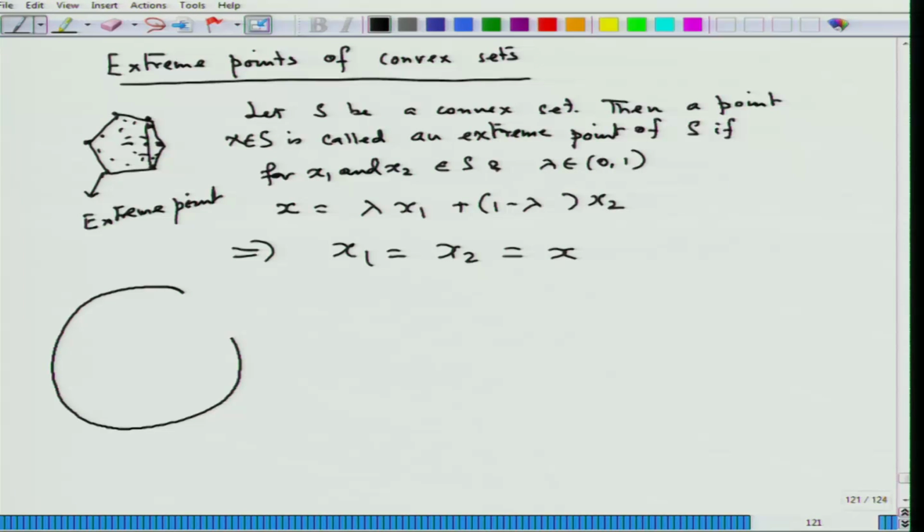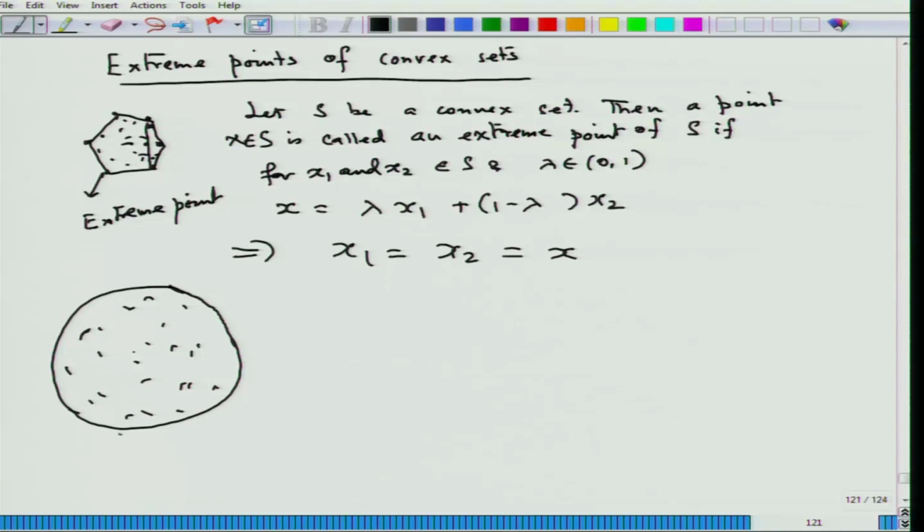Consider a circular disk which is a convex set. So, you take a circular disk, the boundary, this curve, and then everything inside.